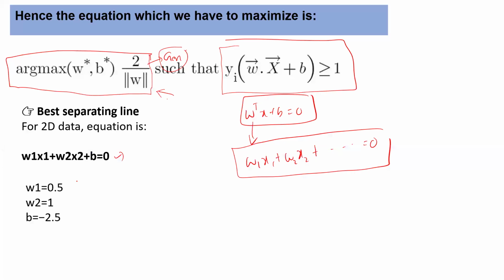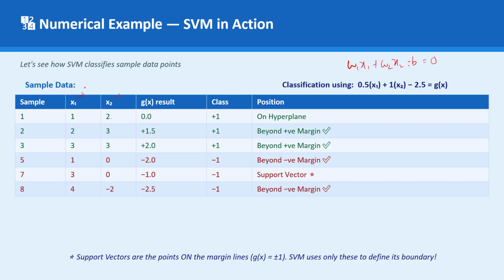See here, these are the values: w1 is 0.5, w2 is 1, and the b value is minus 2.5. Let's see whether g of x belongs to the positive class or the negative class.